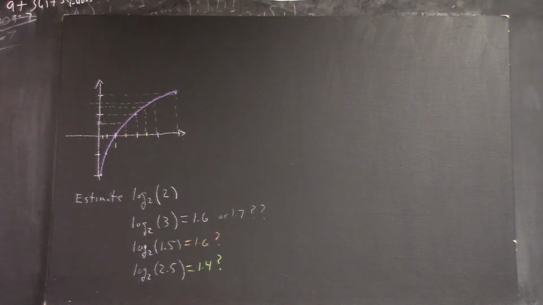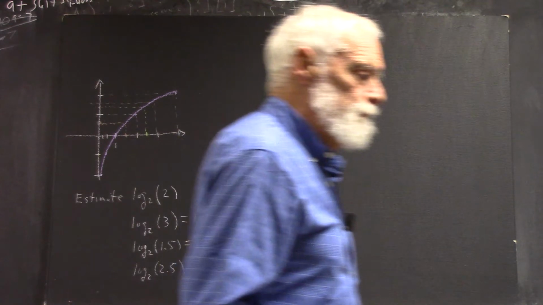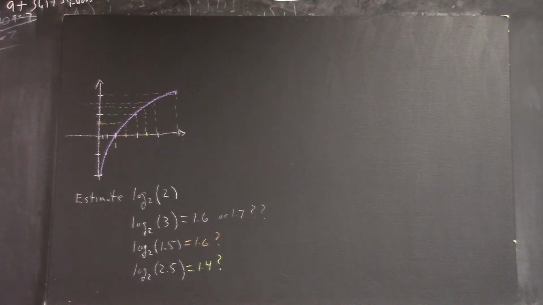Okay, now look on the table. I think this is problem 21, yeah. Okay, you see that my estimate for 1.5 is 0.6, right? Which is fairly close.